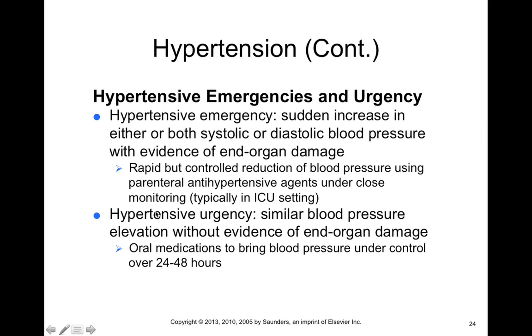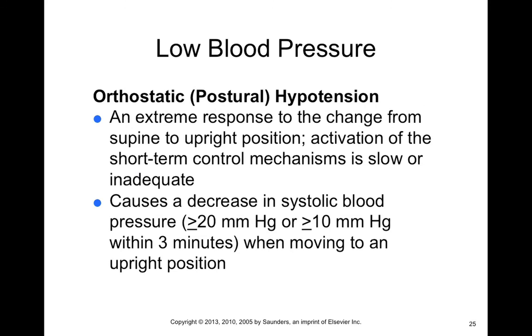Now, this differs from hypertensive urgency, where we have similar blood pressure elevation, but there's no evidence or signs and symptoms of end organ damage. And this is actually going to be treatable with oral medications to help bring down blood pressure.